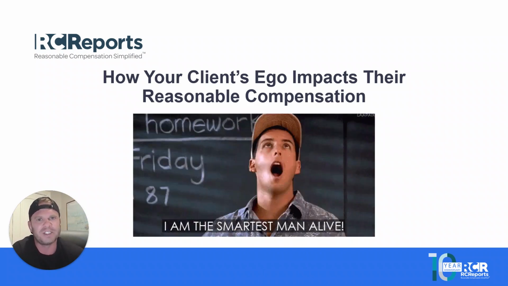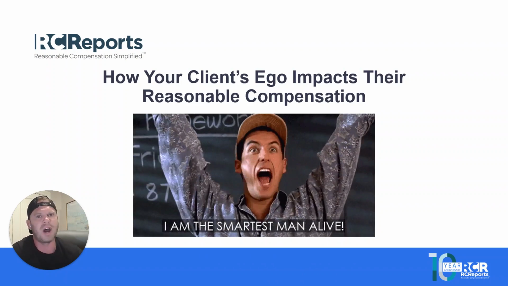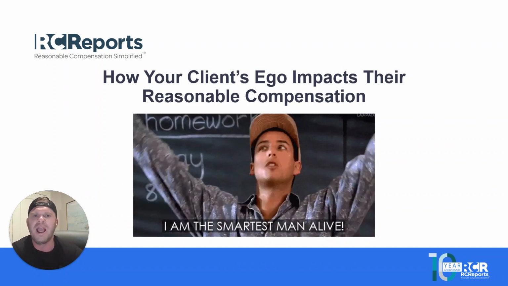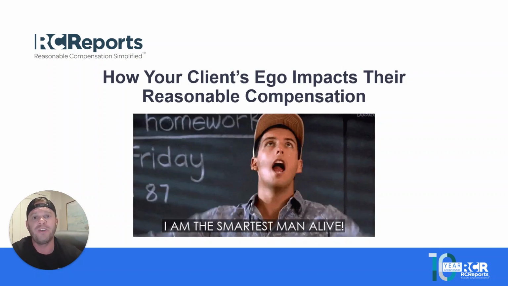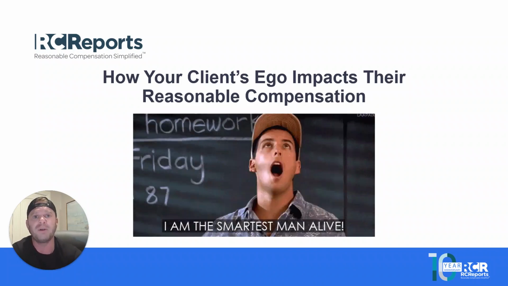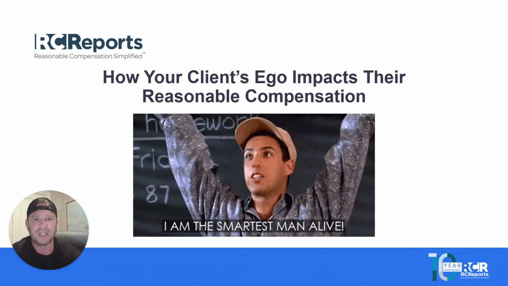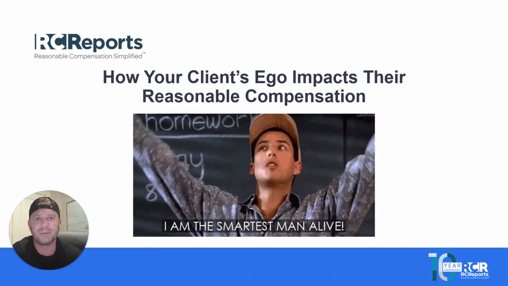I have a lot of conversations with people asking why their client's reasonable compensation was either too high or too low. And typically, one of the main reasons for this is that the proficiency levels are incorrect. So today we're going to talk about how to determine a client's proficiency level and also show you how that proficiency level impacts their reasonable compensation.